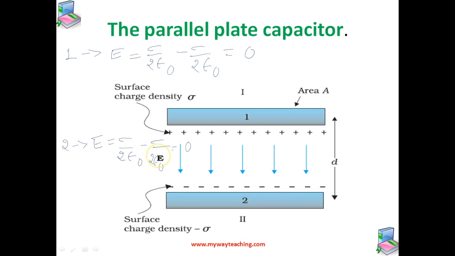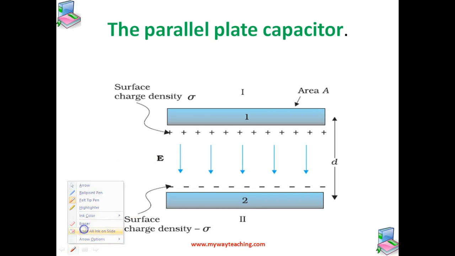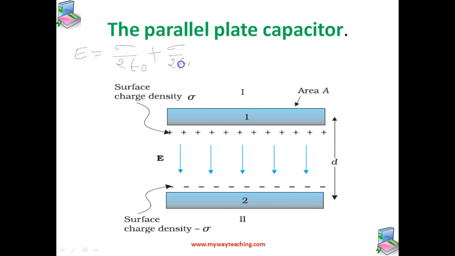In the inner region between plates 1 and 2, the electric field due to two charged plates is given by sigma by epsilon naught, that is Q by epsilon naught A. The direction of electric field is from the positive to the negative plate.